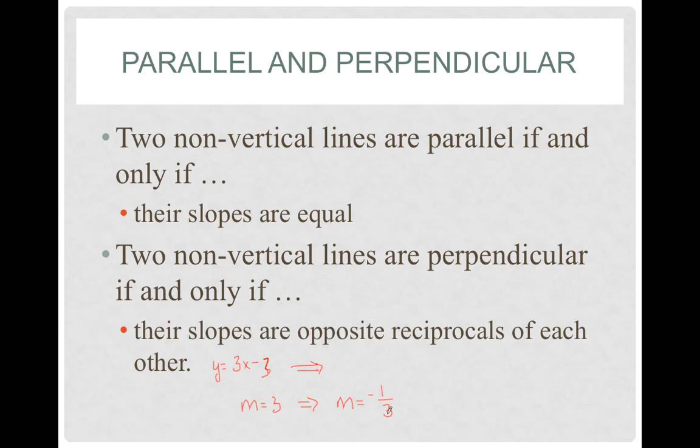The reciprocal of 3 is 1/3. Opposite reciprocal. Opposite means negative, or change the sign. So I would have to have a y equals negative 1/3 x plus blah, whatever the question might be. And it goes the same with all of them. If I want perpendicular, I need opposite reciprocal slopes.